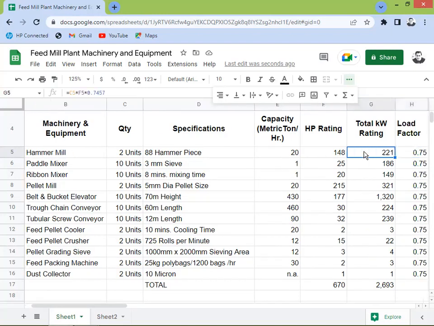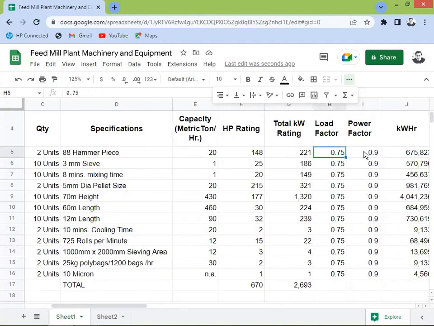If not, then you have to convert to kilowatt rating. Then you have to include the load factor and the power factor. The load factor could be 80%, it could be 85%. You have to find that out from your engineer, from the utility engineering department, right?